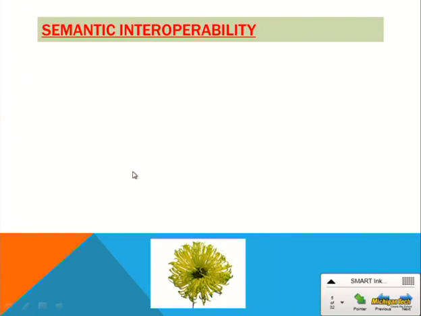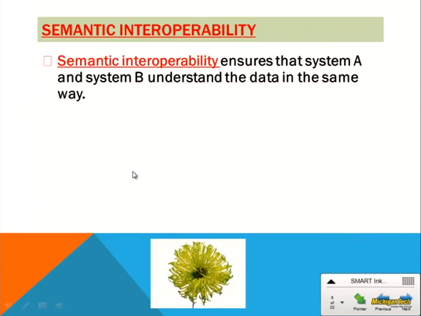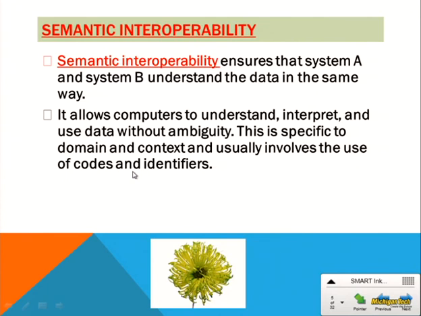What does semantic interoperability mean? In the technical interoperability, you just care about moving the information from system A to B. I don't care whether system A and system B understand each other. However, semantic interoperability must ensure system A and system B understand the data in the same way.